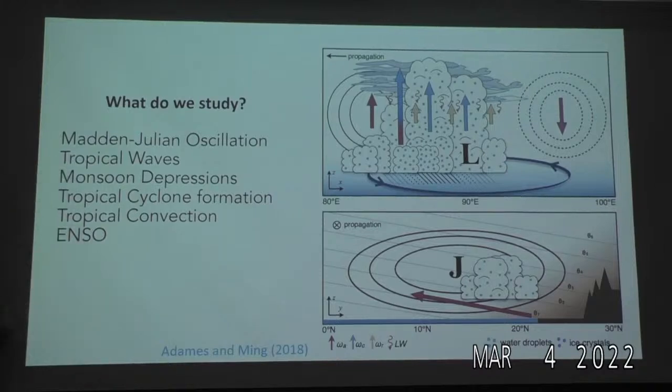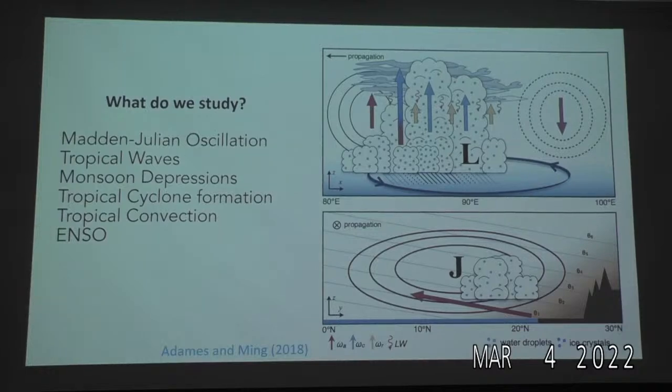They do really interesting stuff. My student HC Luo looks at monsoon depressions. Kayleen looks at tropical cyclone formation, and then we've had collaborations with people outside of this department and in this department about tropical convection, and then at some point in my life I did ANSO. I would like to come back to ANSO at some point. Maybe I'll write a proposal one day.